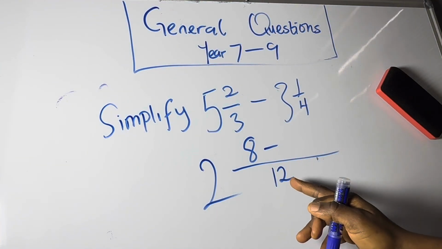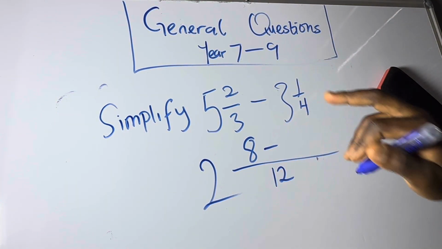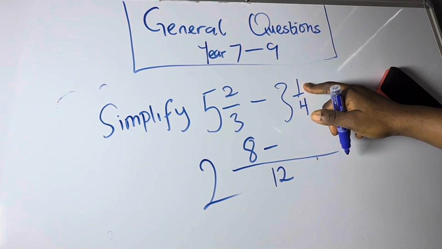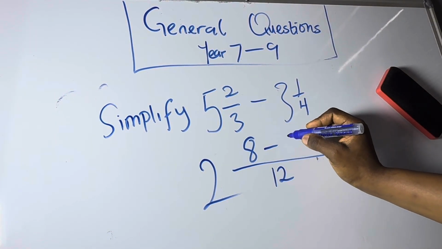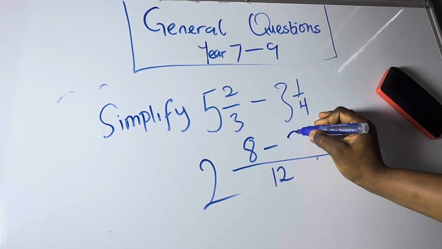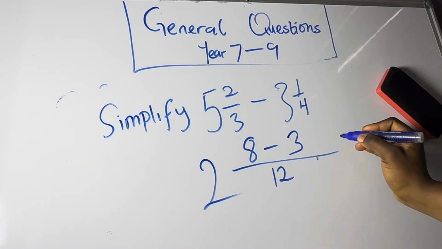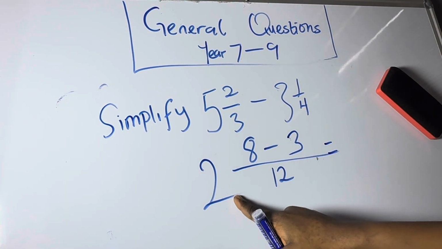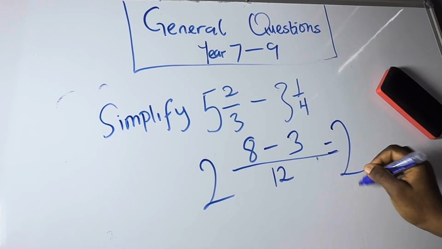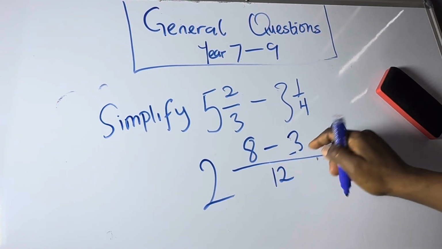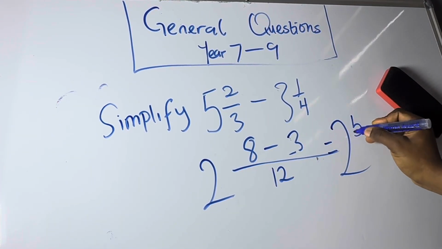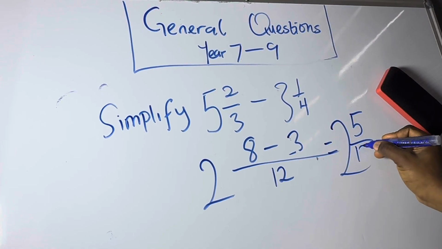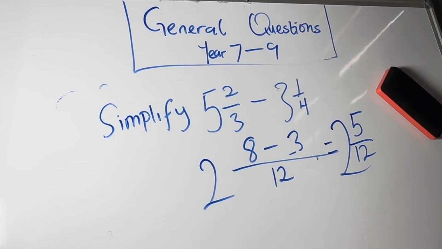Minus 12 divided by 4 is 3. 3 multiplied by 1 is 3. So now we have the whole number, which is 2 whole number. 8 minus 3 is 5 over 12. That's the first method.